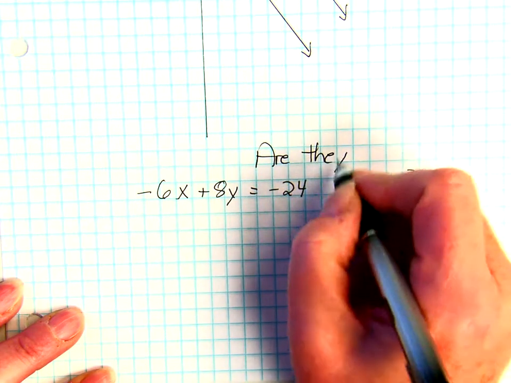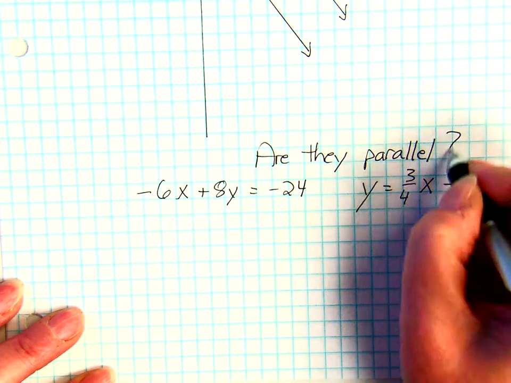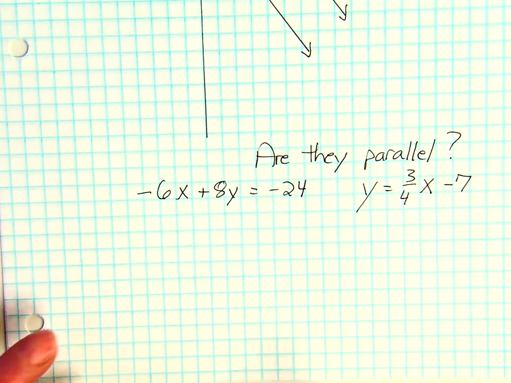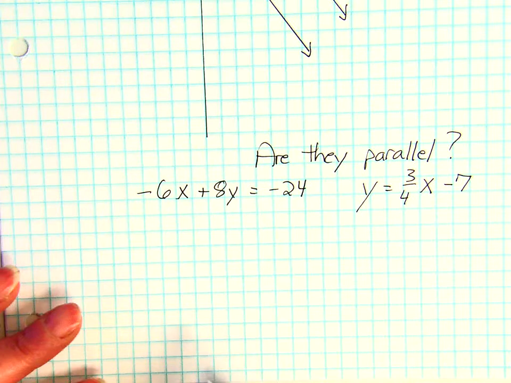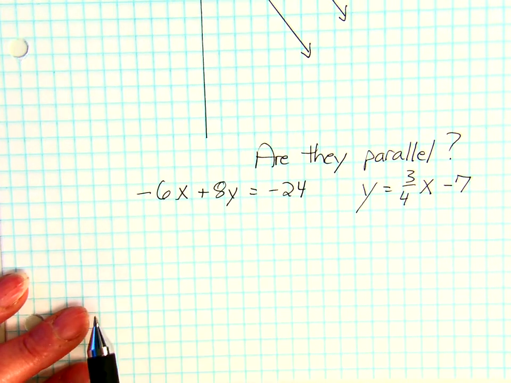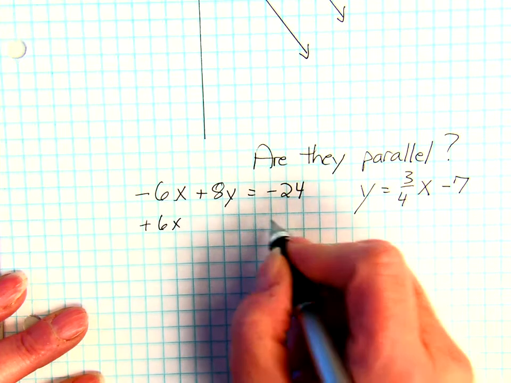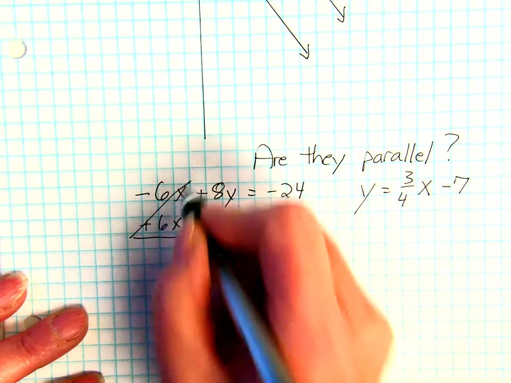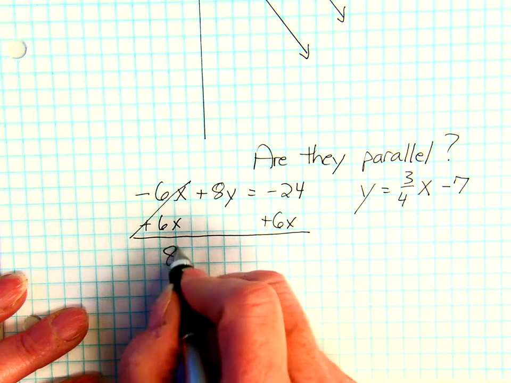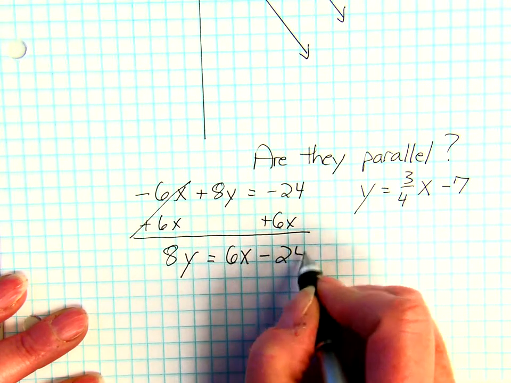So what we're going to have to do is convert this. I'm going to move the x term to where it belongs, so I will add 6x to both sides. Now I have 8y equals 6x minus 24.